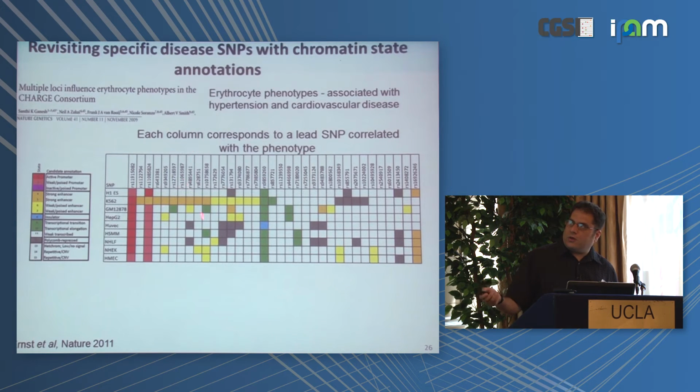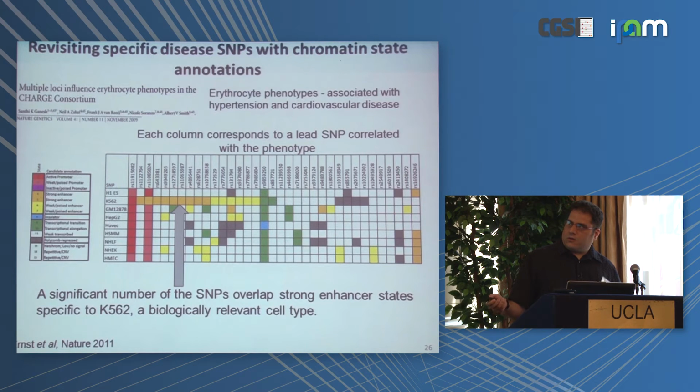What you're seeing here, the columns correspond to lead SNPs that were genome-wide significantly associated with the phenotype. The rows correspond to the various cell types, and I've color-coded the boxes based on the chromatin states as indicated here. And what you can see is that there's a large number of SNPs that are associated particularly with the strong enhancer state relative to what would be expected in other cell types.